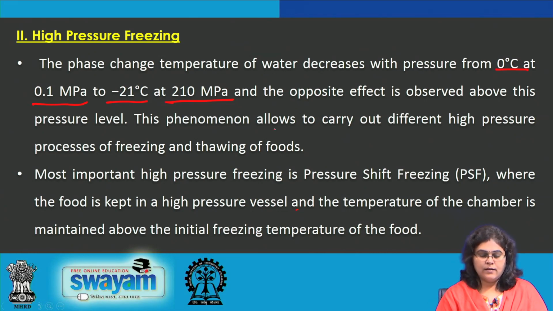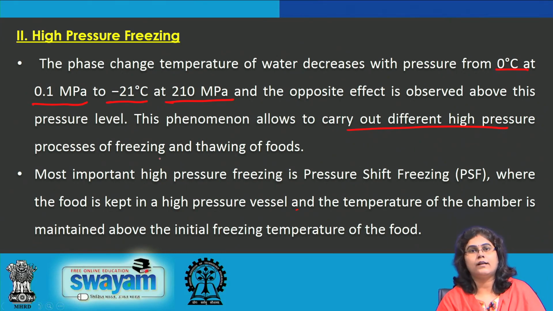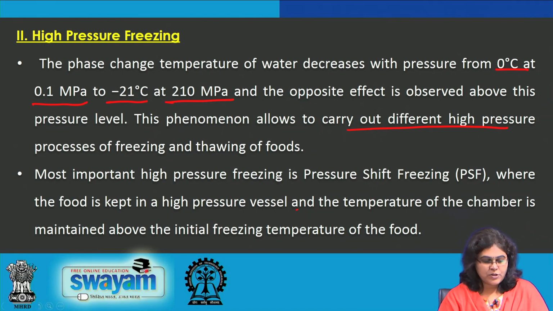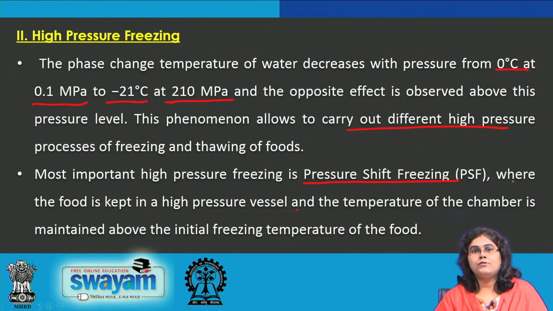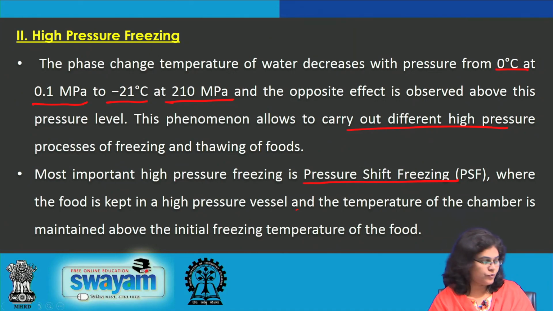This phenomenon allows carrying out different high pressure processes of freezing and thawing of food materials also. The most important high pressure freezing is pressure shift freezing. This is very important. Here the food is kept in a high pressure vessel and the temperature of the chamber is maintained above the initial freezing temperature of the food material.